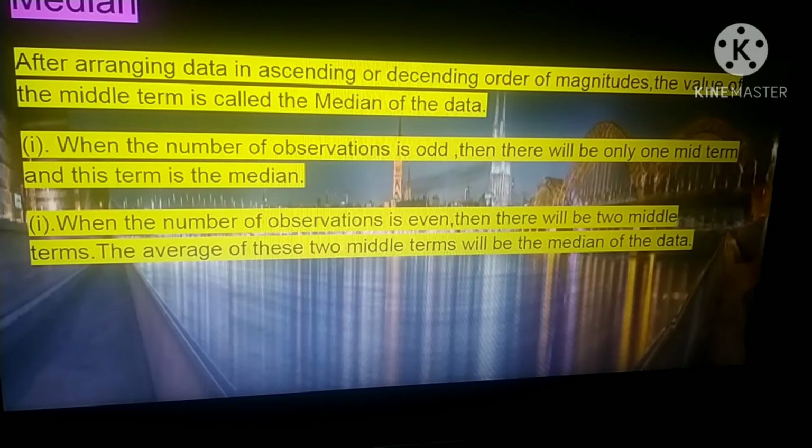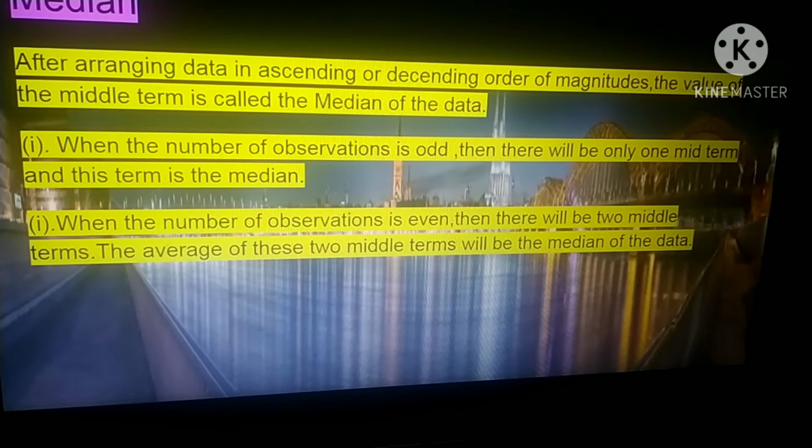After arranging these observations in ascending order, we have to count the number of observations. After finding the number of observations, we have to check whether this one is odd or even. When the number of observations is even, then there will be two middle terms. The average of these two middle terms will be the median of data.